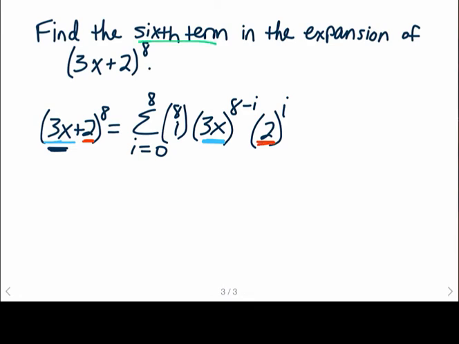Now we're asked for the sixth term, so we may be tempted to say that i is equal to 6, but that just wouldn't be true. We start counting at 0. And so for the sixth term, i is actually going to be 5.